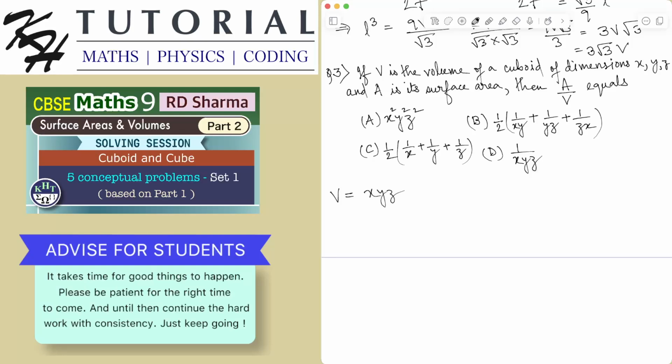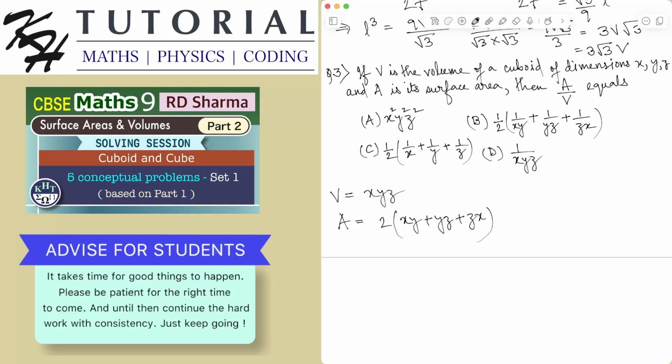Okay. And what is surface area? The formula for surface area of a cuboid is 2 into xy plus yz plus zx. Now definitely x, y, z are the dimensions of the cuboid. So x must be length, breadth, or height, or y could be length, breadth, or height, or z could be length, breadth, or height. Anyway, x, y, z must be the length, breadth, and height.